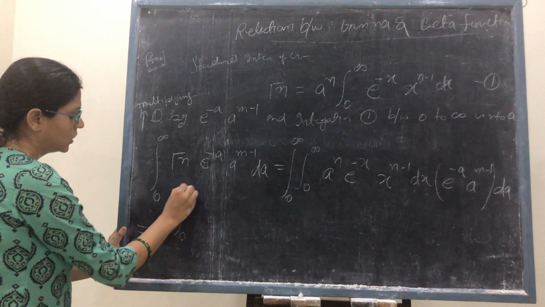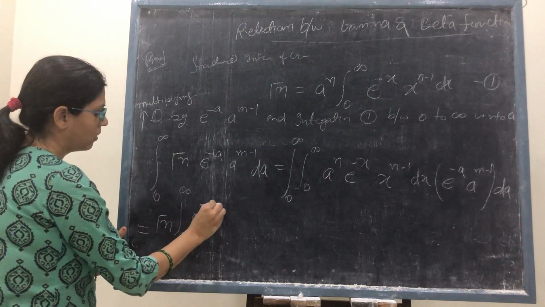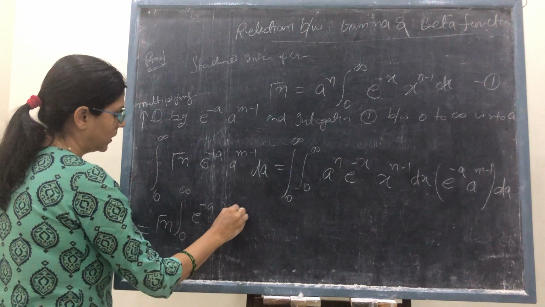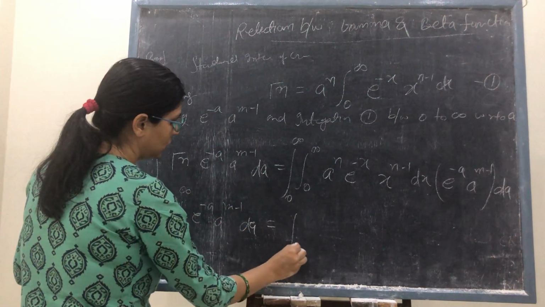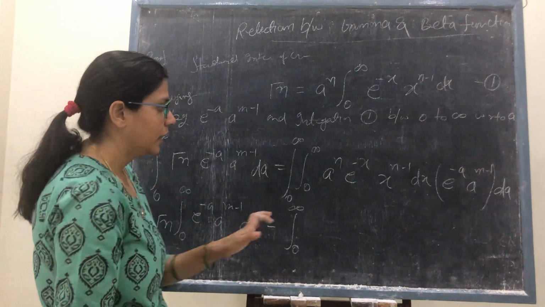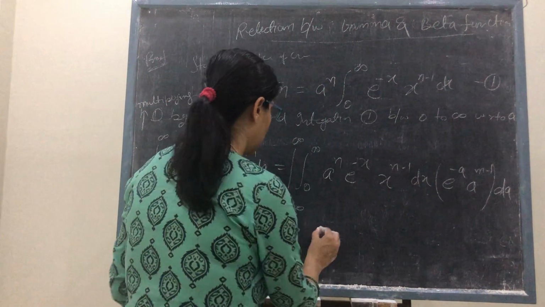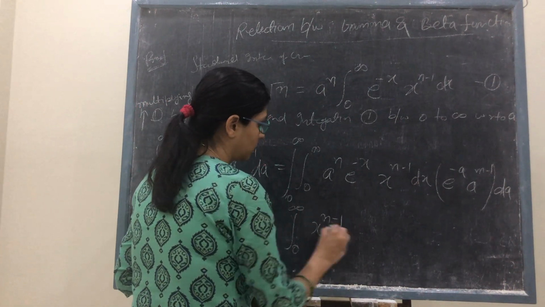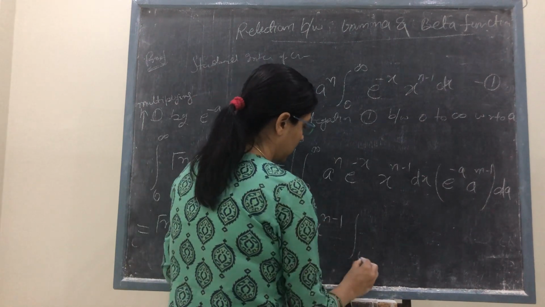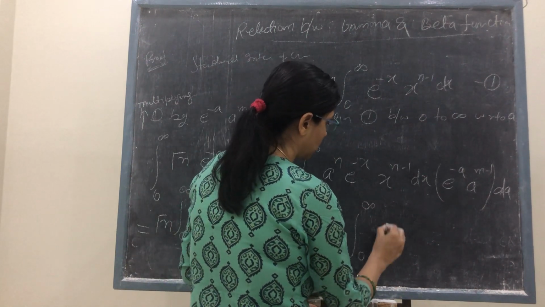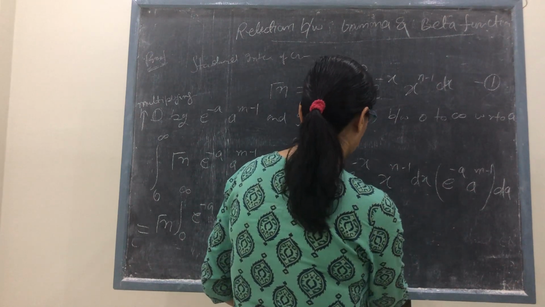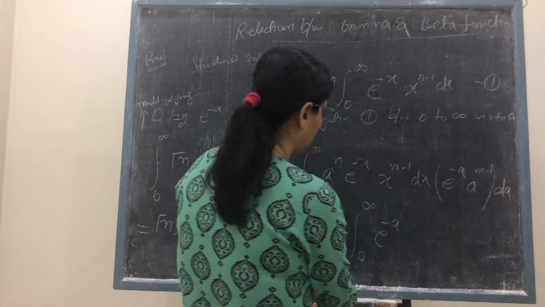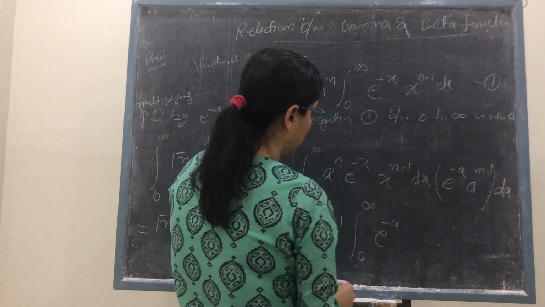Now this is the integral 0 to infinity e raised to the power minus a, a raised to the power m minus 1 dA, equals the integral 0 to infinity, taking x outside of the integration, x raised to the power n minus 1, the integral 0 to infinity e raised to the power minus a.